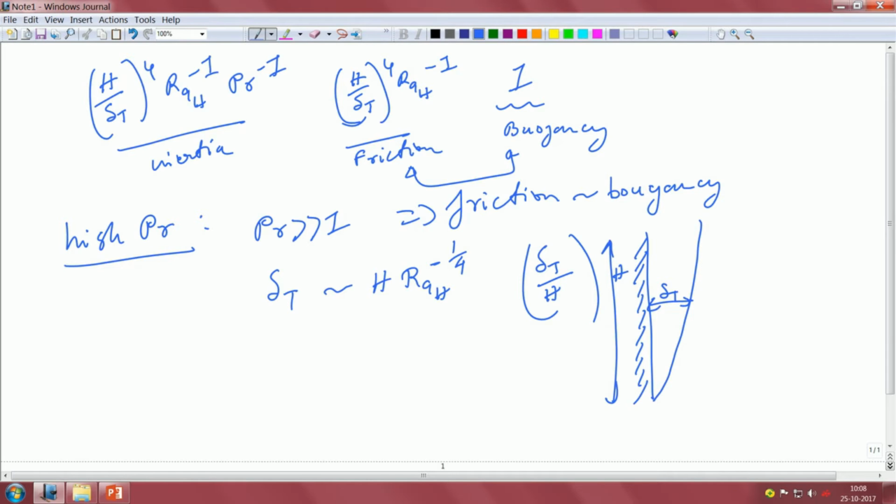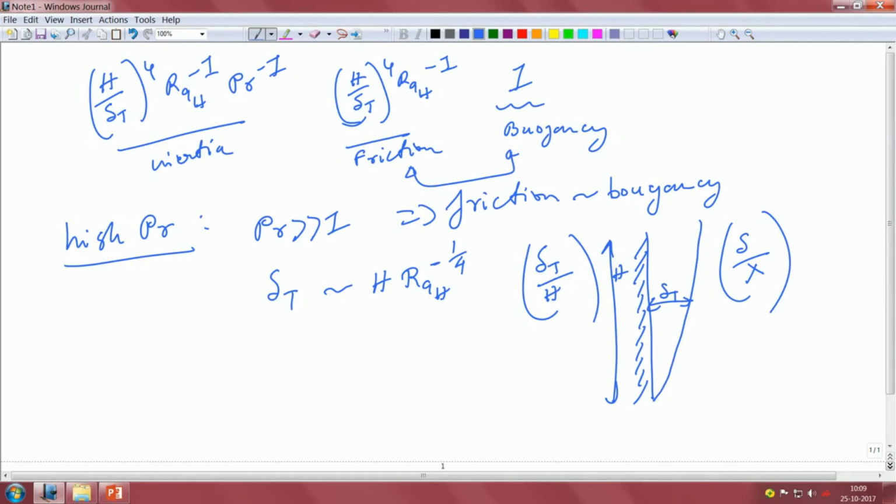Then delta T by H is basically nothing but the slenderness ratio. This is the same type of thing that you would see in your flat plate boundary layer forced convection, where it was delta by x, right. In that case, the plate was oriented in the horizontal direction and it was forced in nature. So, delta T by H and delta by x represent the kind of slenderness ratio. So, here the slenderness ratio scales as Rayleigh number to the power of minus 1/4.